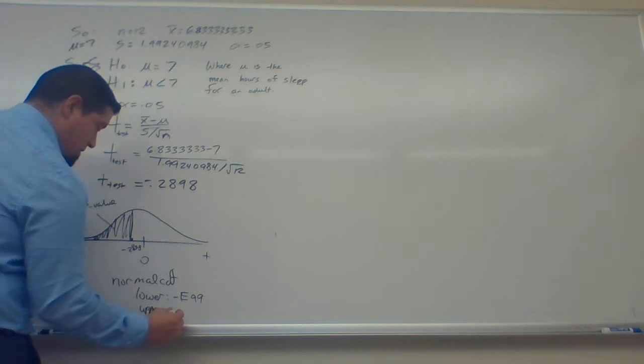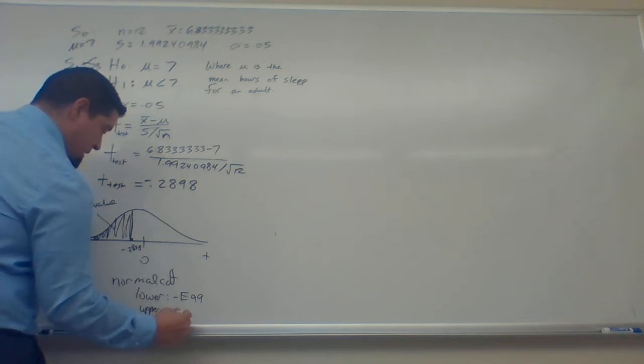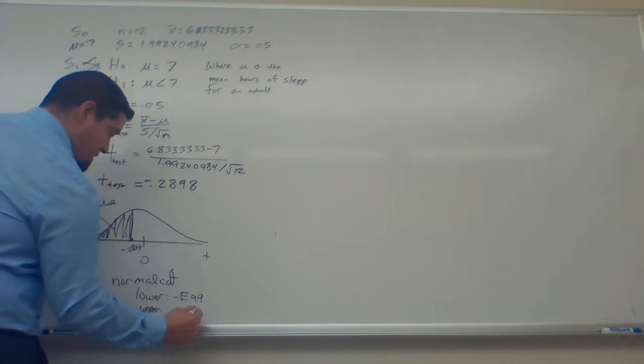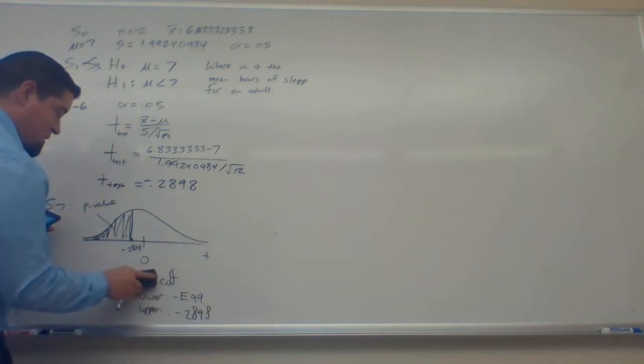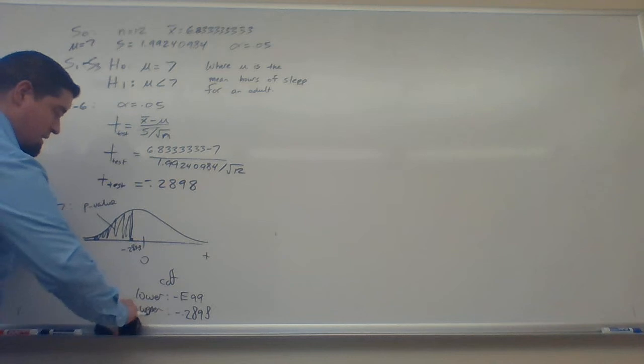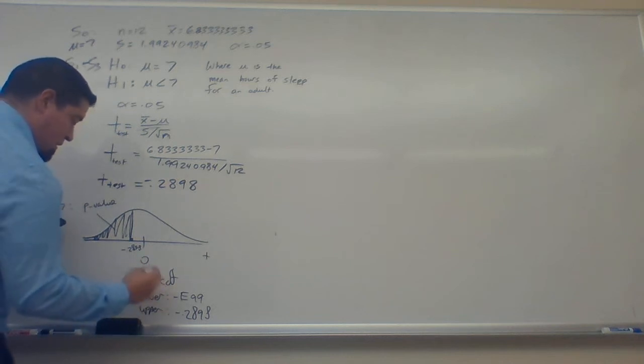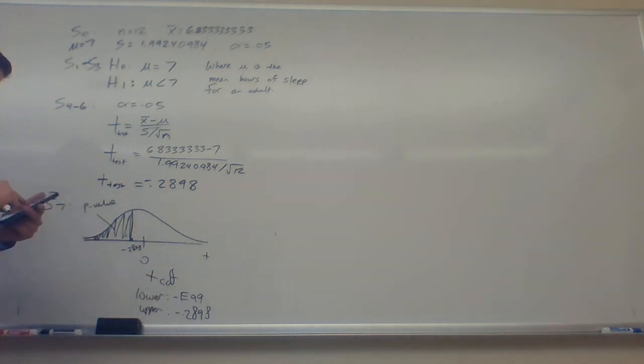Oh, you know what? We've got to correct this. Not normal CDF. We're not talking about z-scores. We're talking about t-scores, so it's actually t-CDF. Okay, so we're going to do t-CDF this time.